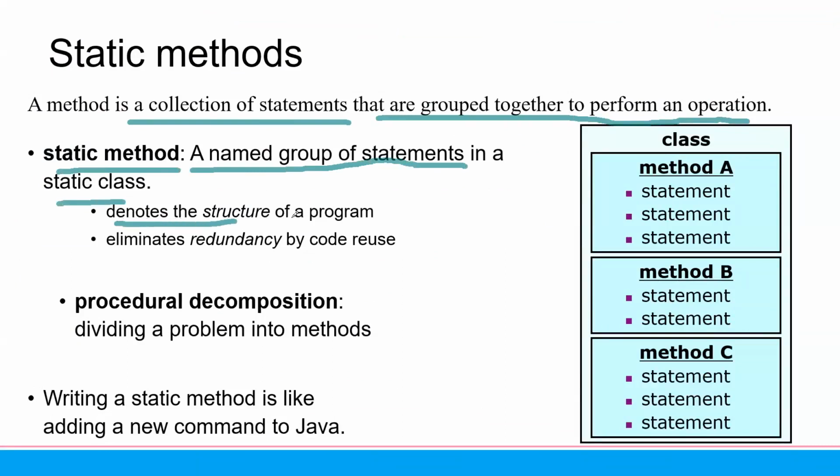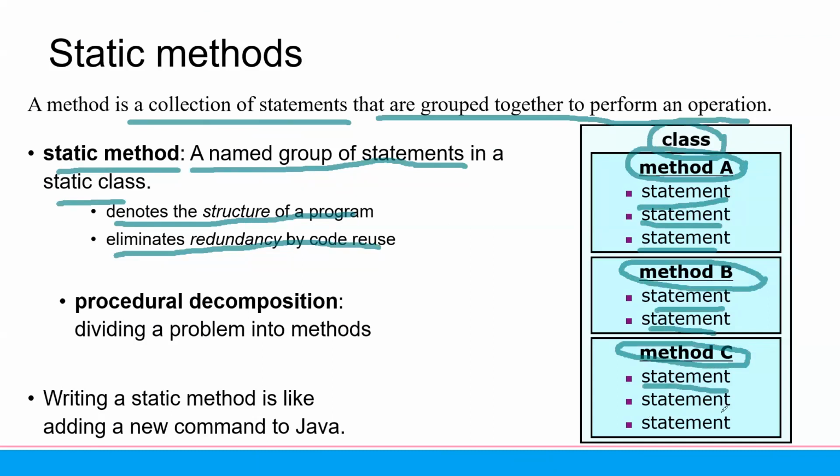It denotes the structure of a program, and it can eliminate redundancy by code reuse. Let's say I have a class, and then I have method A with these statements, method B with those statements, and method C with those statements.